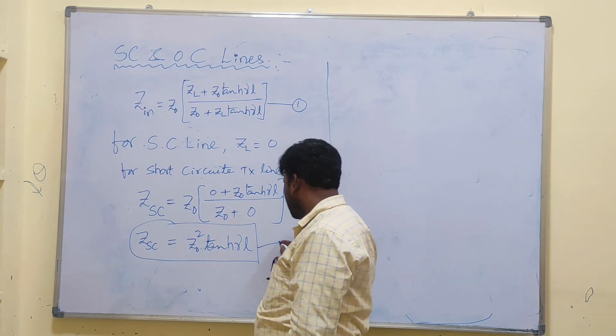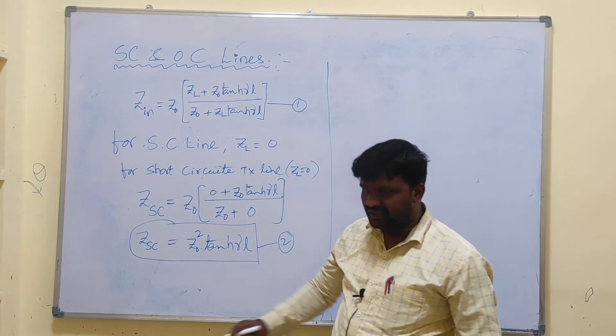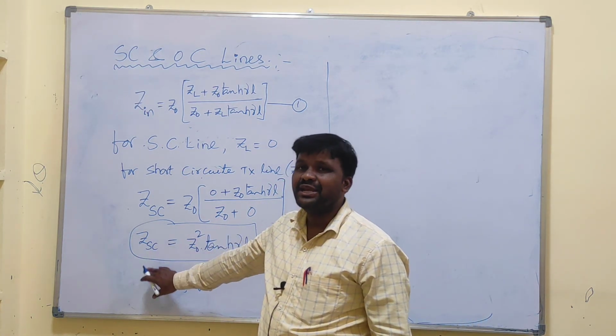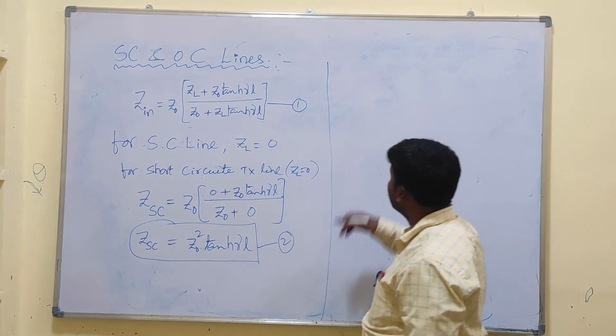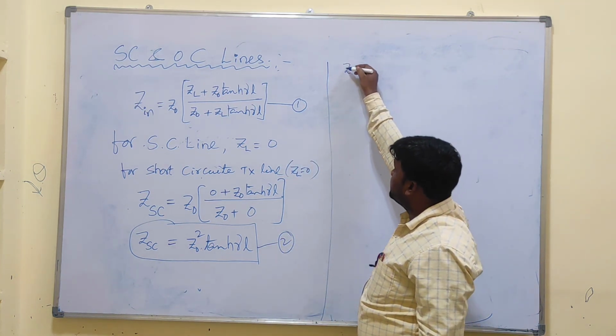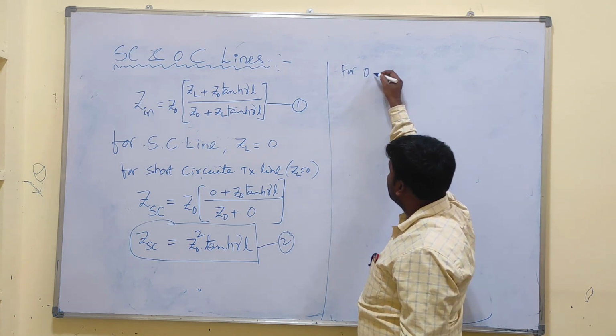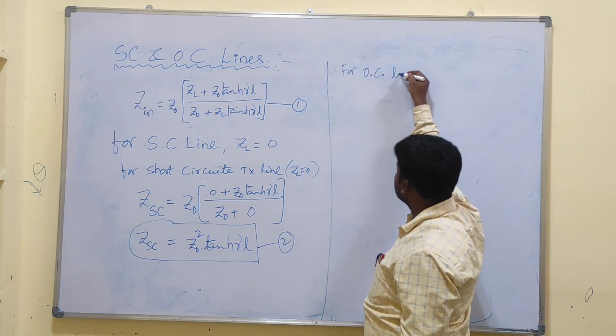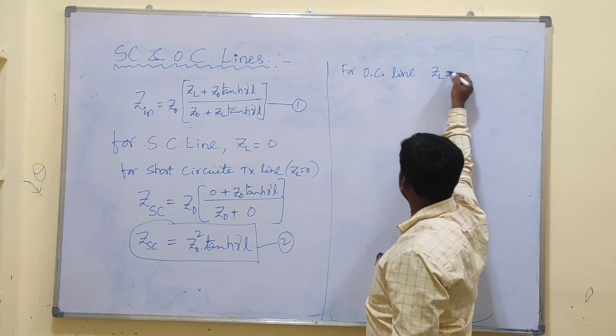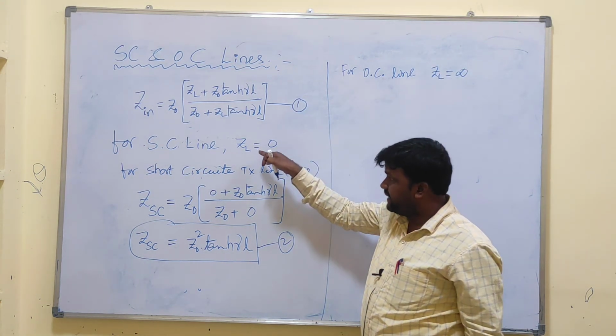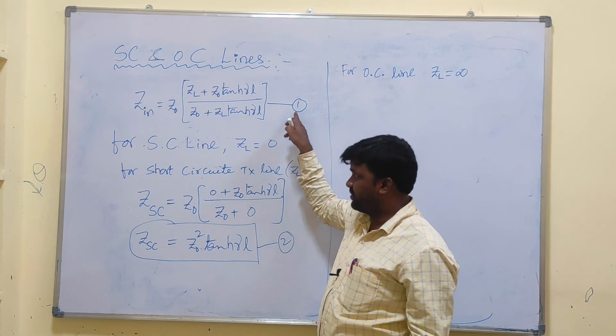Now let us take this as the next equation number. This is ZSC, which indicates the input impedance of the short circuited line. Now we can write ZOC. For the OC line, that means for the open circuited line, ZL equal to infinity. Here we simplified by substituting ZL equal to 0 directly in equation 1.